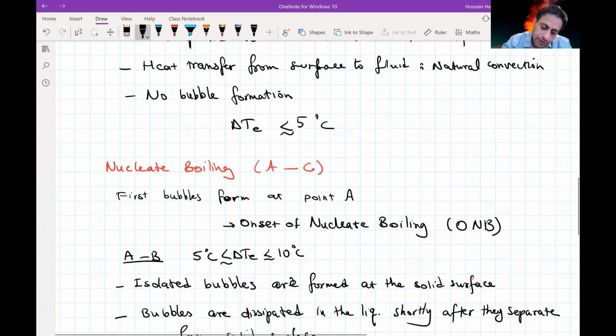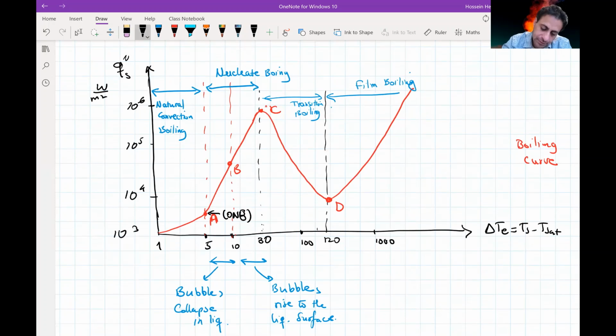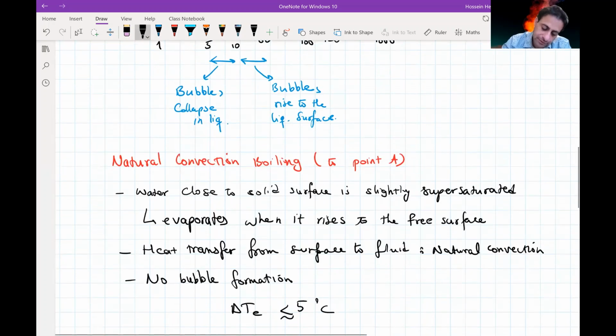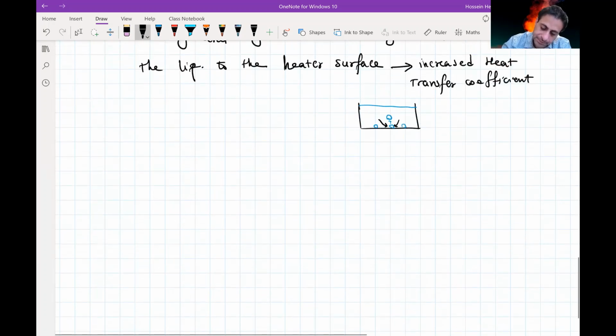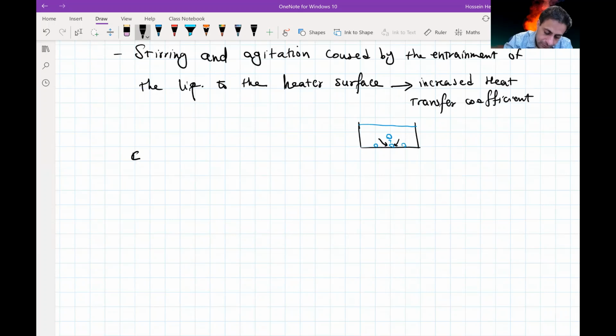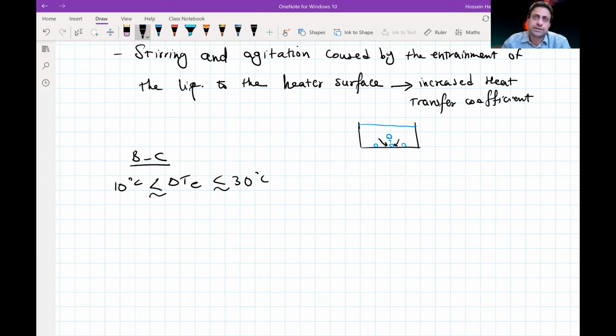Now, above point B, between B and C, where we are above 10 degrees C for water, this is the portion of nucleate boiling, BC, where delta T excess is less than 30 degrees C and greater than 10 degrees C. This is the most exciting part, because that's really where the boiling happens and continues.